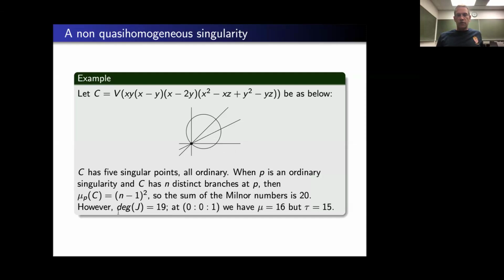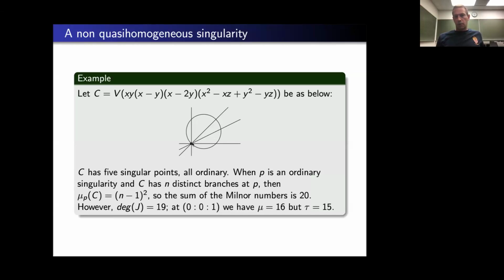And the reason is that the degree of the Jacobian ideal is the sum of the Tjurina numbers. Now, the nice thing is you can compute the degree of the Jacobian ideal purely algebraically. You can type it in the computer and it'll spit it back out. And in this case, we get that the degree of the Jacobian ideal is 19. So the Milnor number of an ordinary singularity with n branches is just n minus 1 squared. So the sum of the Milnor numbers here would be 1, 2, 3, 4 plus 4 squared, because 5 minus 1 squared is 16.